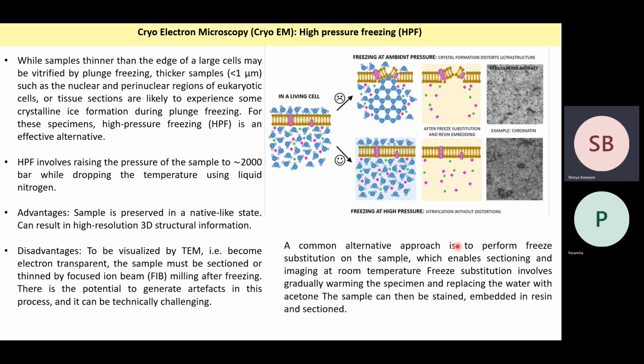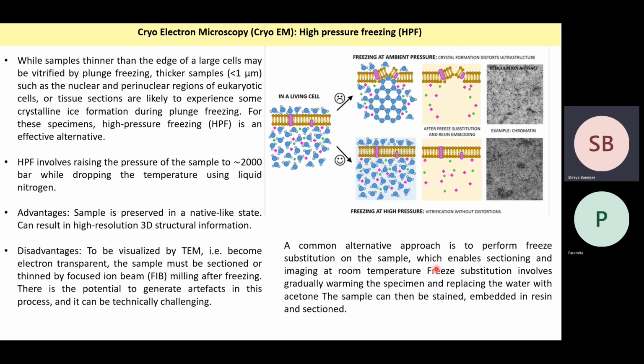A common alternative approach is to perform freeze substitution on the sample, which enables sectioning and imaging at room temperature. Freeze substitution involves gradually warming the specimen and replacing the water with acetone. The sample can then be stained, embedded in resin, and sectioned. So basically, suppose high pressure freezing is not possible because it requires a thick sample.